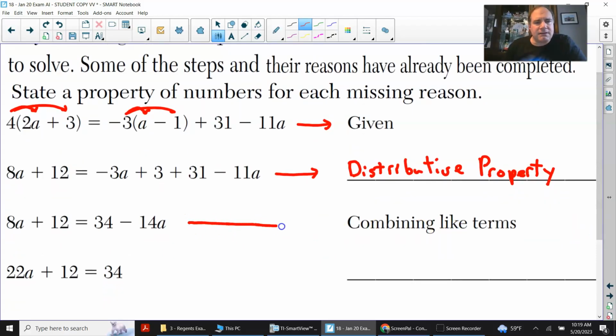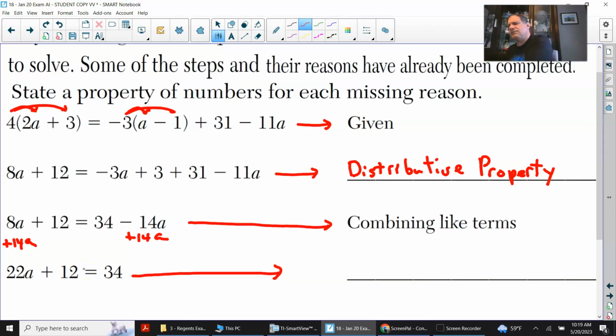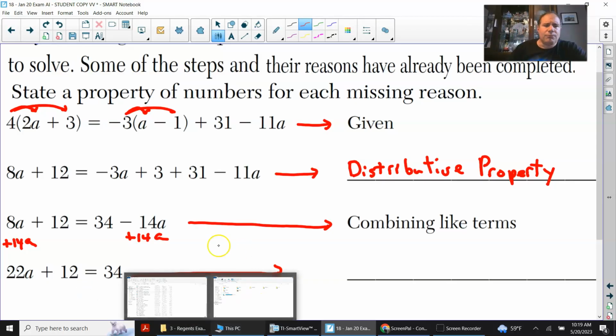Then right here, they combine like terms. All right, that's what's happening here to here. And then something happens to get from here to here, right? So let's see what happened. What did they do? It looks like they used inverse operations, but that's not a property. So what did they do?